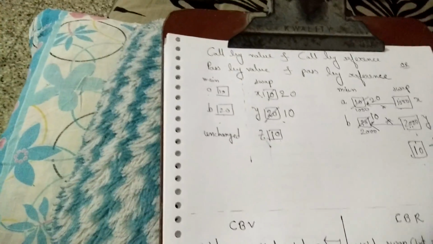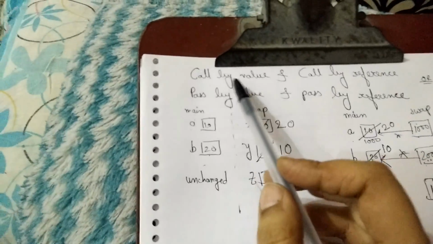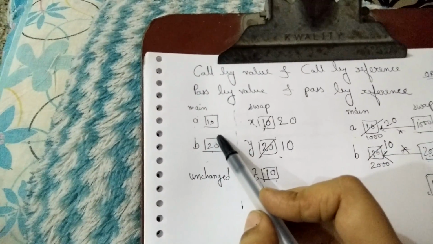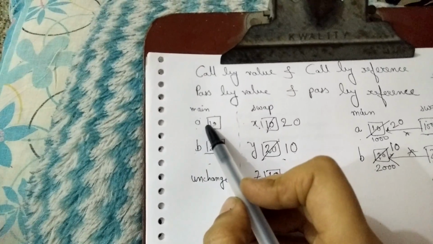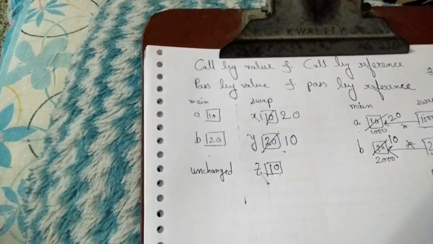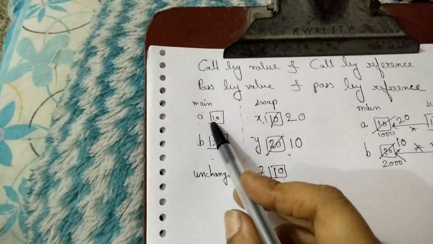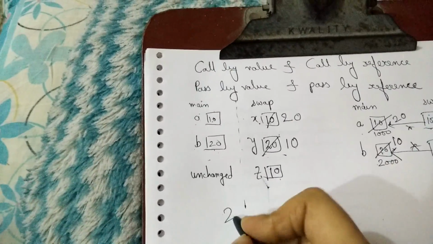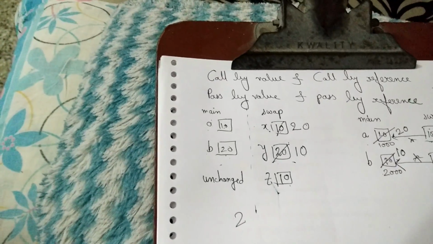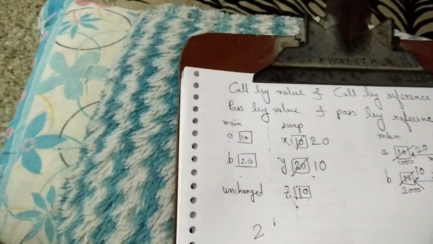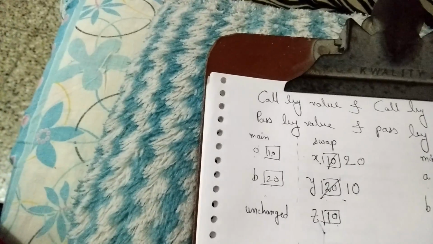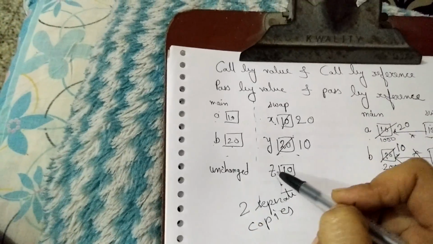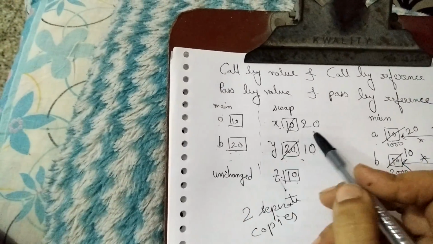Again, see what happens in call by value and call by reference. When we say call by value or pass by value, we are just passing the values. Whatever value is present in main will be copied into your function. So 10 will be copied over here and 20 will be copied here. So two separate copies will be there: one copy for main and another copy for swap, and there is no linking between them.